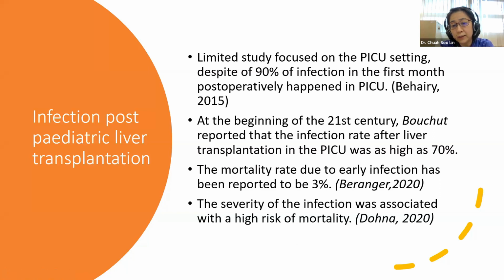A very good center in recent studies quoted that their mortality rate for early infections is as low as 3%. We also find that the more severe the infections, the higher the risk of mortality. So we can see the impact of infections after liver transplantations.